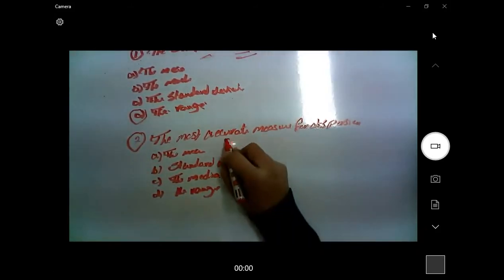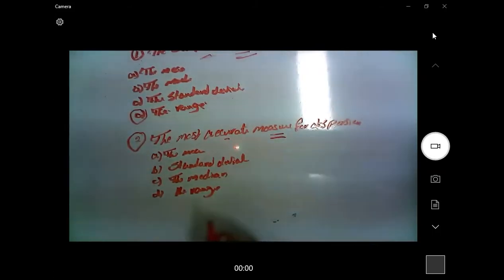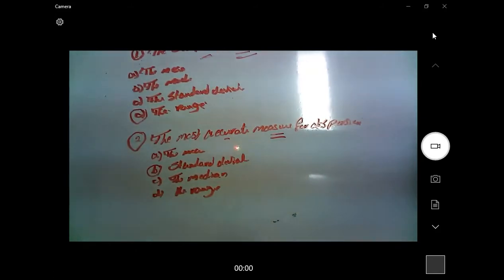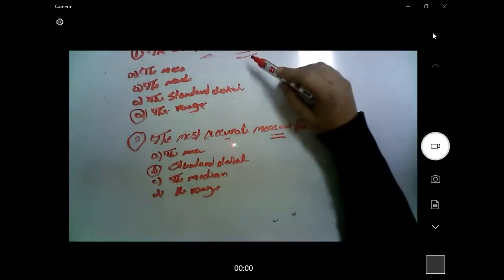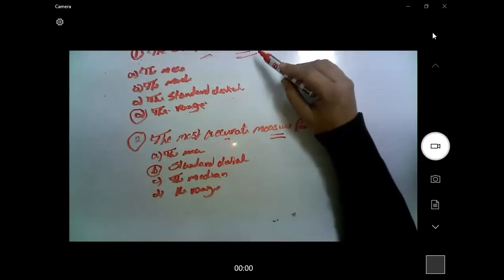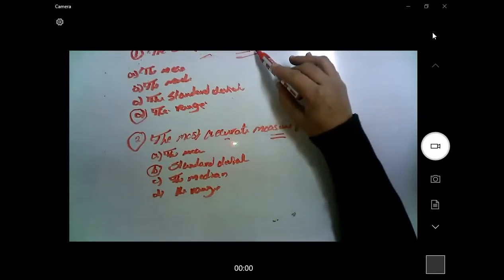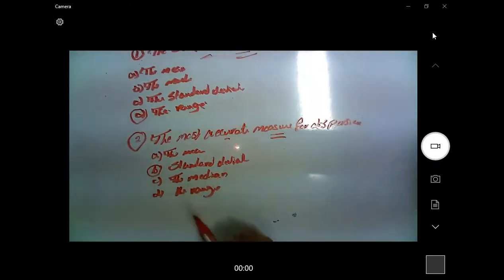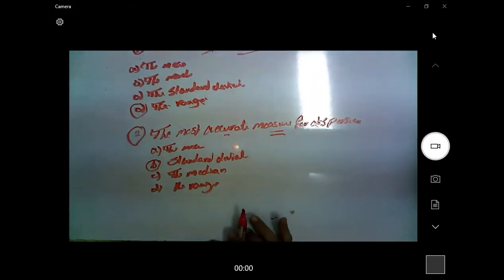The most accurate measure for dispersion is the standard deviation. The simplest measure for dispersion is the range, but it's not accurate. But the most accurate measure for dispersion is the standard deviation.